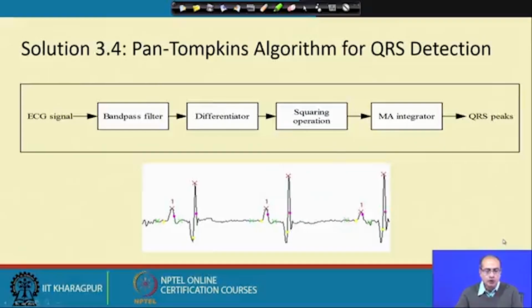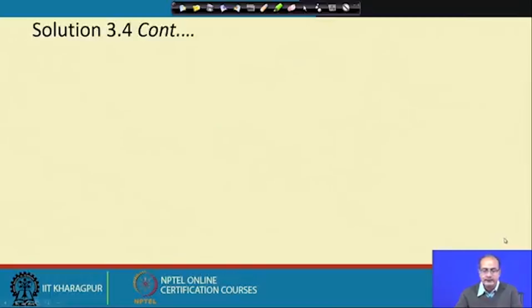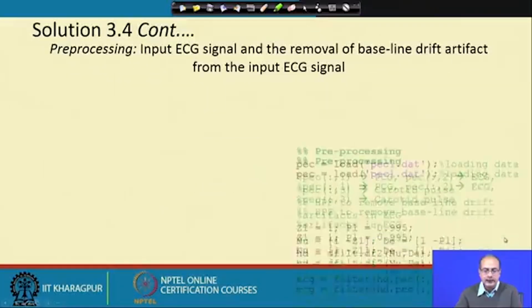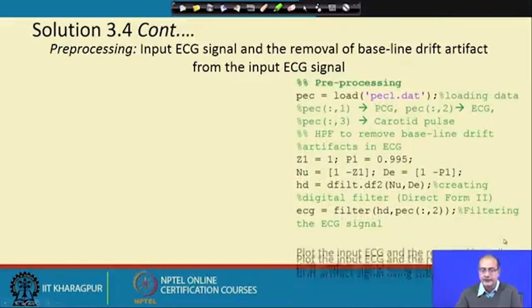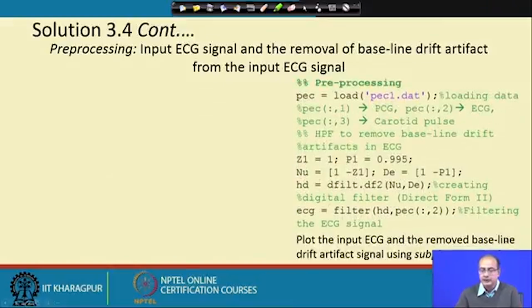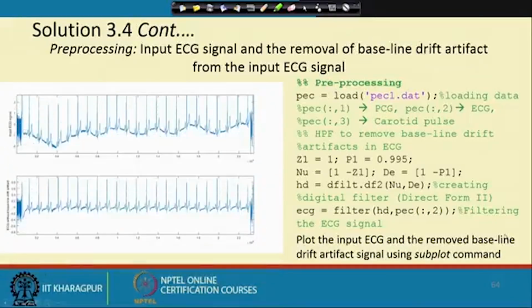What we have taken here is the block diagram of the Pan-Tompkins algorithm, where the band pass filter is followed by a differentiator, squaring operation and the MA filter. Before we take up these things, we pre-process the ECG signal. We try to remove the baseline drift.